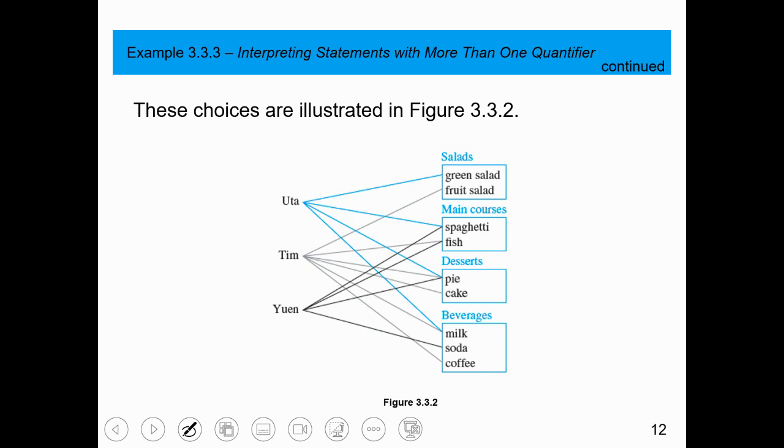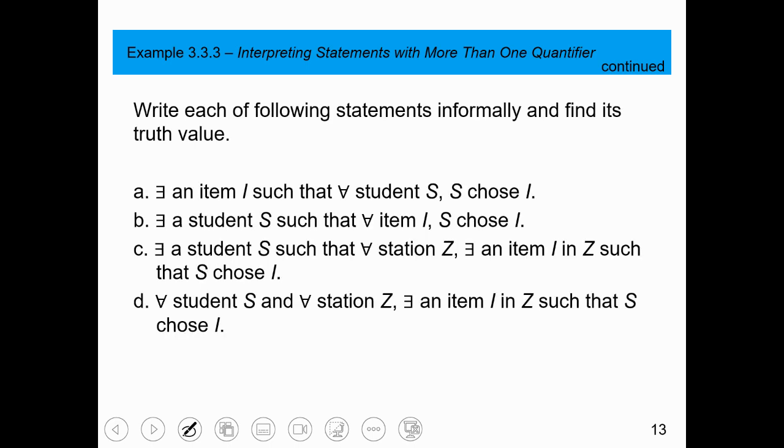When I look at this diagram, I'm looking for an item that has 3 lines going to it. Do you see it? There is such an item. So I have selected a particular item such that no matter which student you give me, I can say that student selected that item. So this is true.